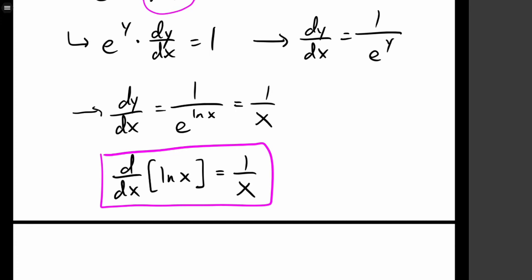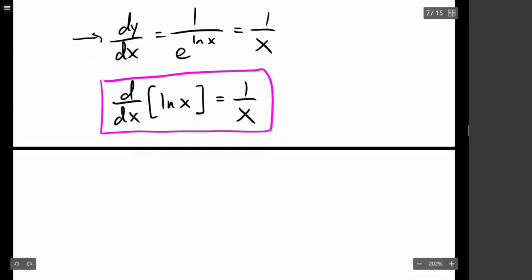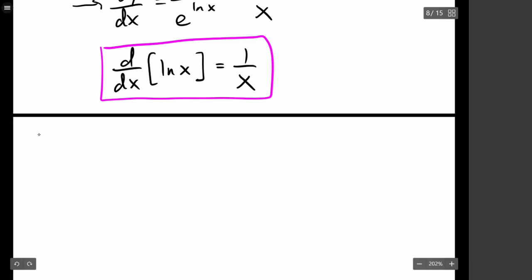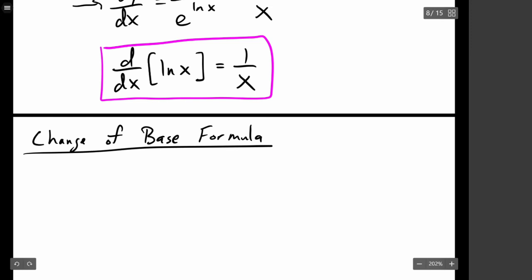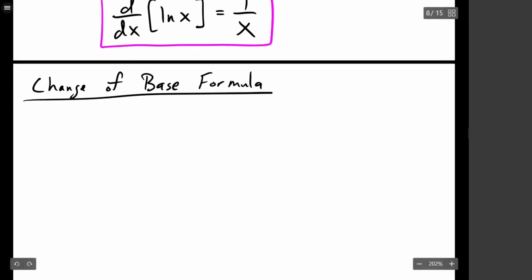All right? So, one more property of logarithms here that we call the change of base formula. And we can really do this with any types of logarithms, but ln is the most important one.